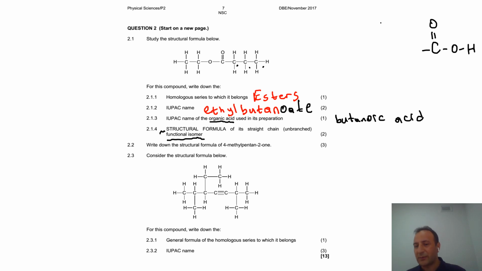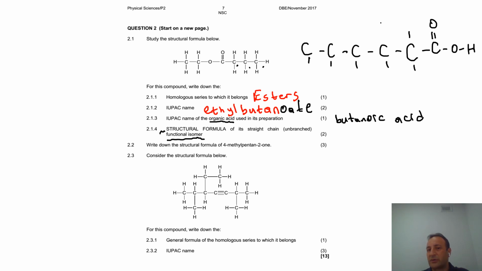OH can be accepted, but it is better to write O-H. Then let us count how many carbons we have in the ester: 1, 2, 3, 4, 5, 6. So here I need to write in total 6 carbons. This is my first, that is second, and the third, fourth, fifth, and this is the sixth. And the rest is simple. Just add the hydrogen atoms.